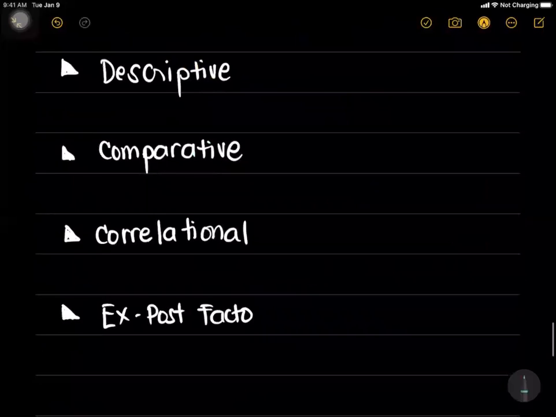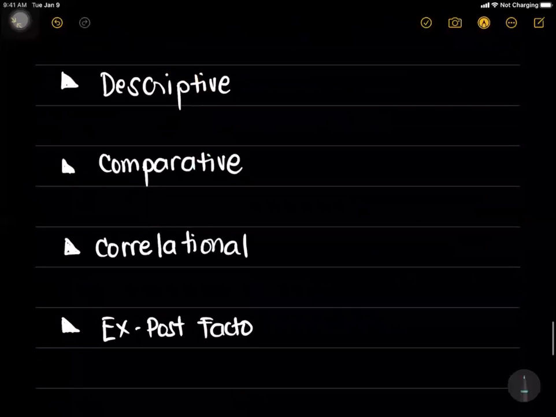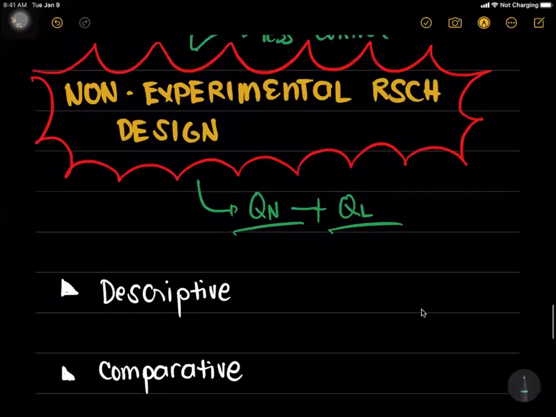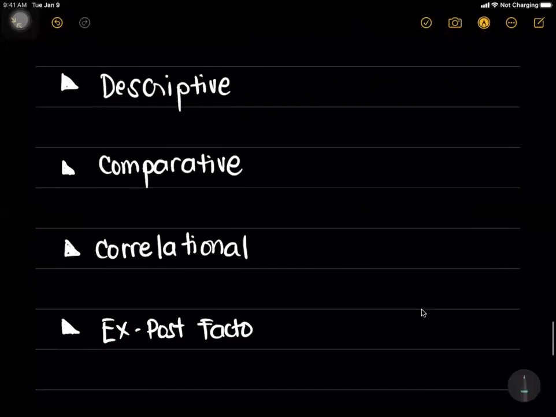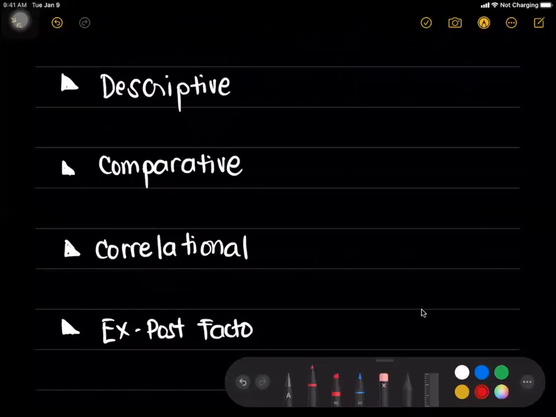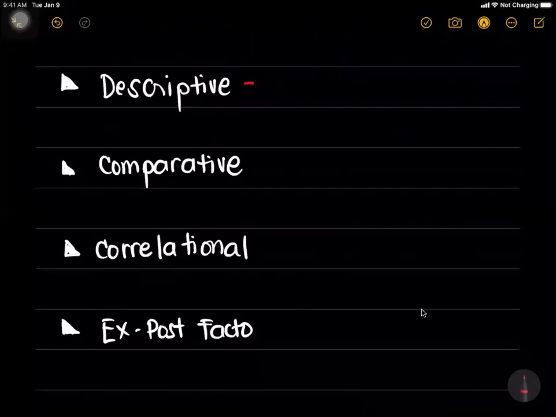So now let's take a look here. We are about to finish our lecture. This is just a very quick review of the types of your non-experimental research. The most basic here is your descriptive, which depicts an image or a picture of an individual or group.